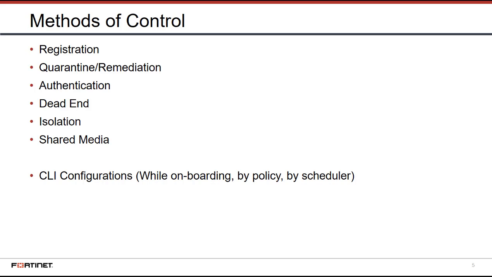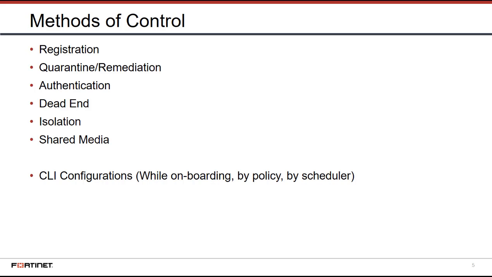And then we have a shared media VLAN. This is also an isolation VLAN, and we're going to talk about how these VLANs work. It's a network that allows the FortiNAC to control and manage access of endpoints, even if their point of connection is through an item that is not manageable, for example, a network switch that is not intelligent.